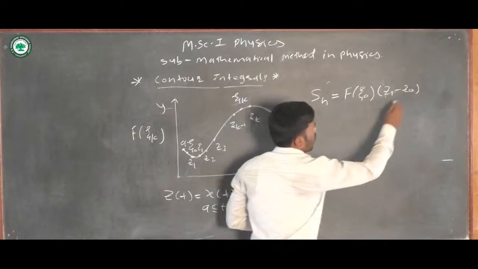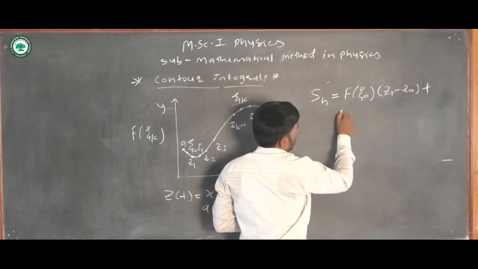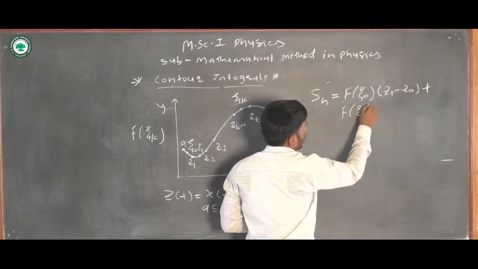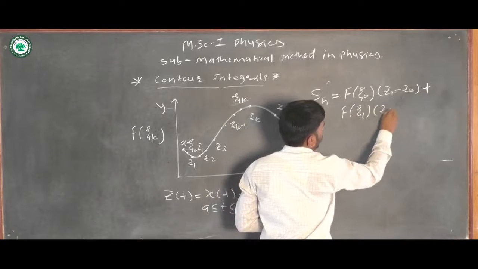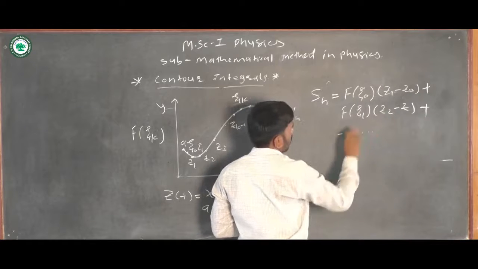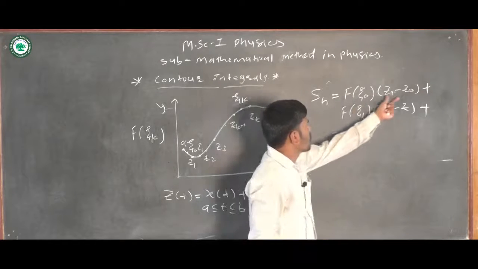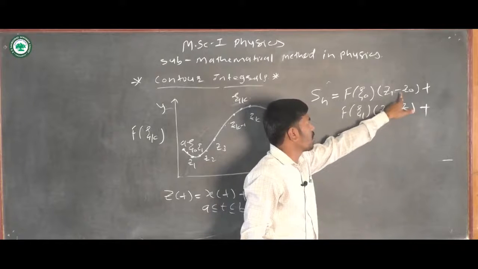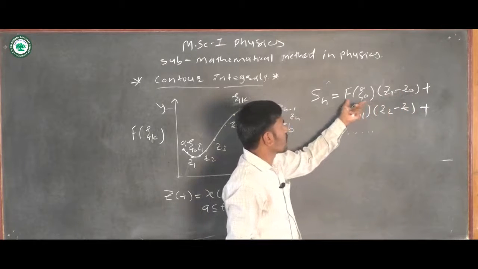Similarly, for the second one, that is f of psi 1 times z2 minus z1. Okay, so similarly, if we write all these quantities, this is the interval z1 minus z0, and this is the function.